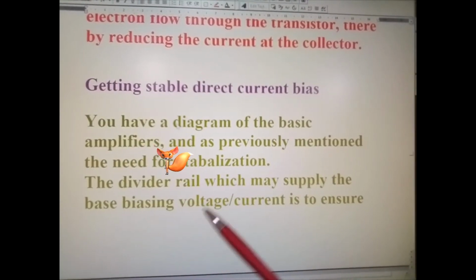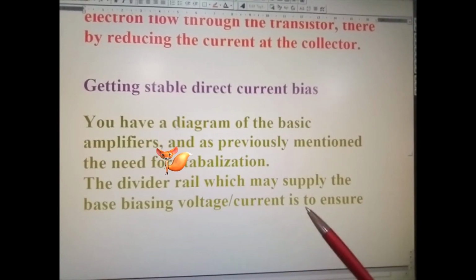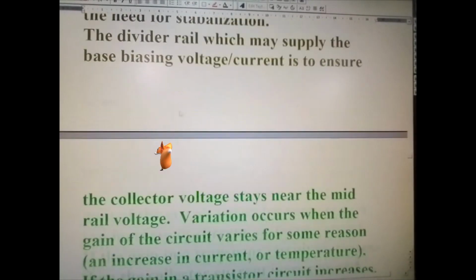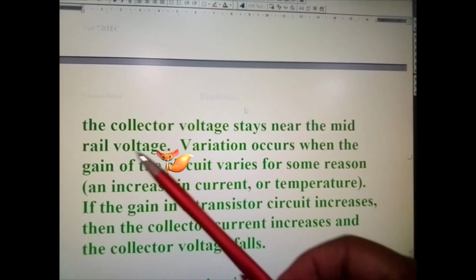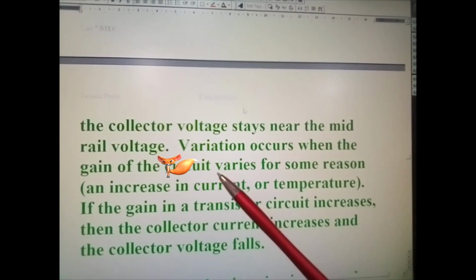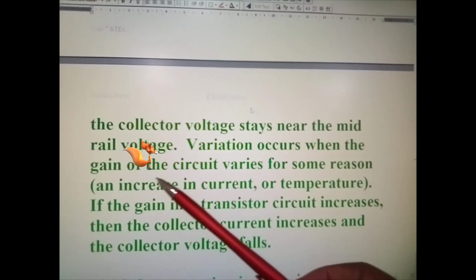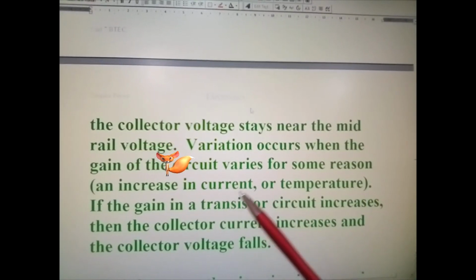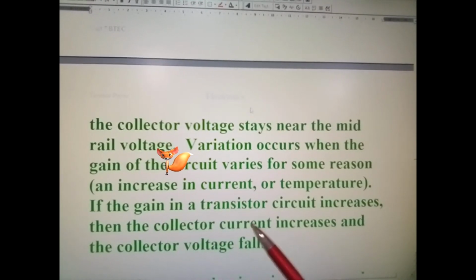The divider rail which may supply the base biasing voltage and current is to ensure the collector voltage stays near the mid-rail voltage. Variation occurs when the gain of the circuit varies for some reason, possibly an increase in current or temperature.